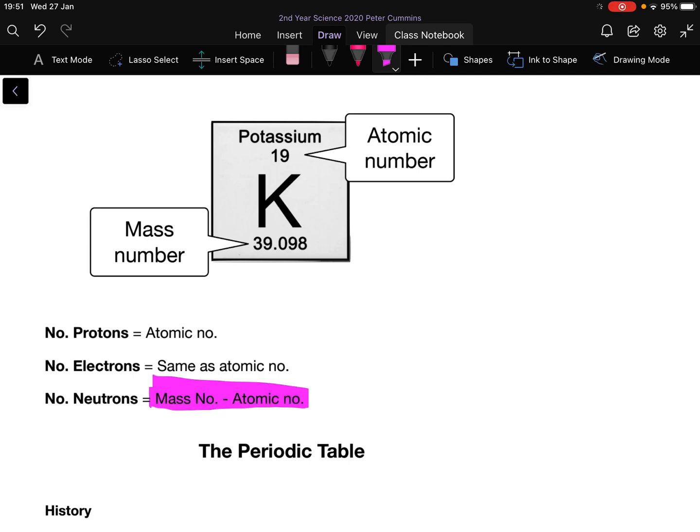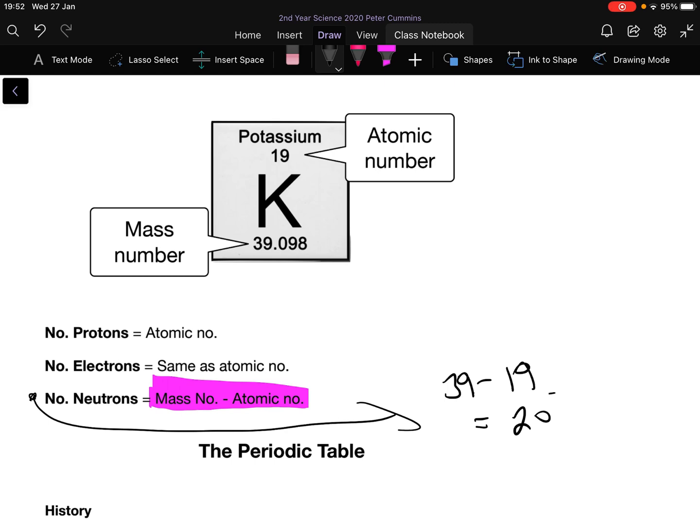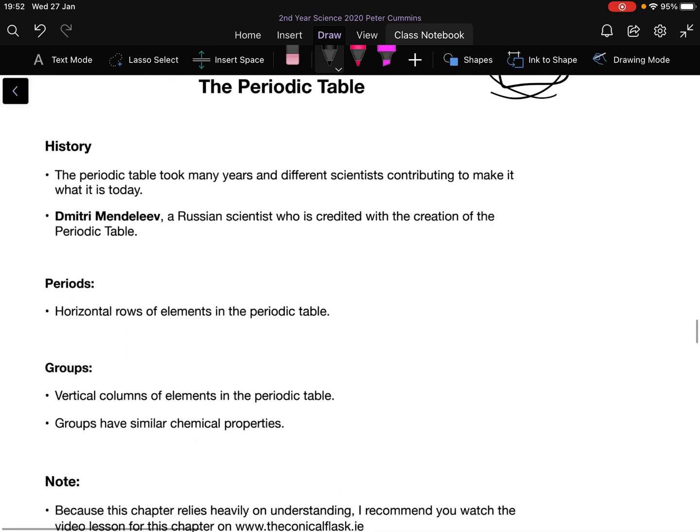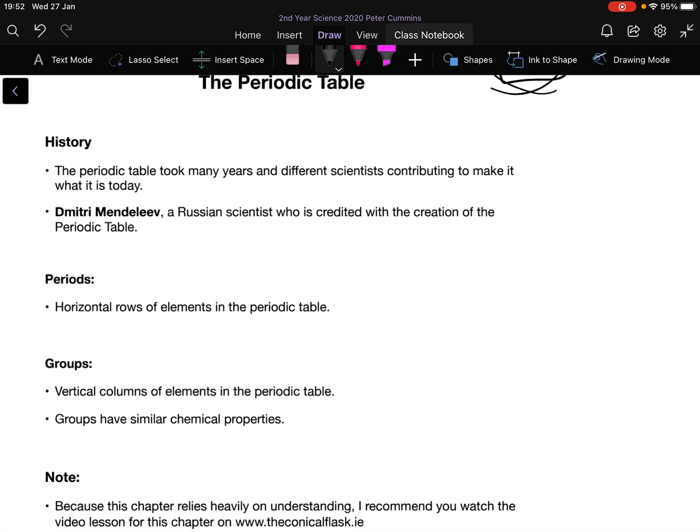See the way it says there, mass number minus atomic number. So to find the number of neutrons, you'd have 39 minus 19, which is going to be 20 neutrons. So in potassium, you're going to have 19 protons, 19 electrons, and 20 neutrons.